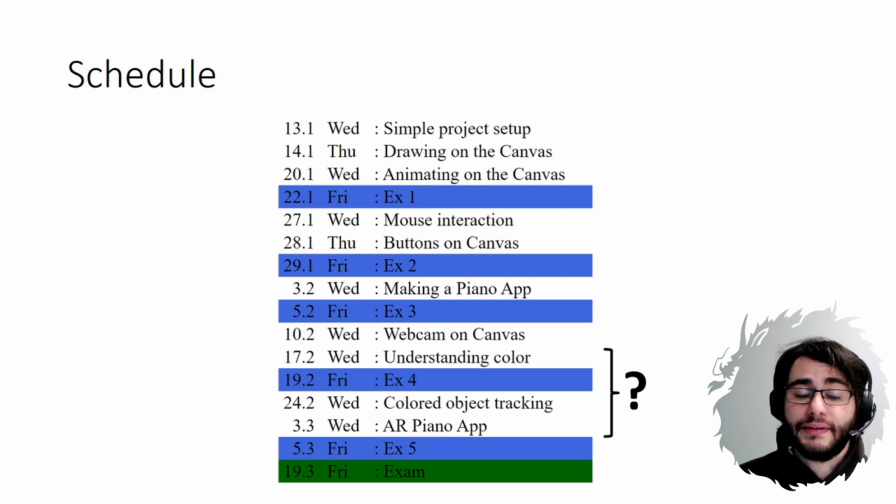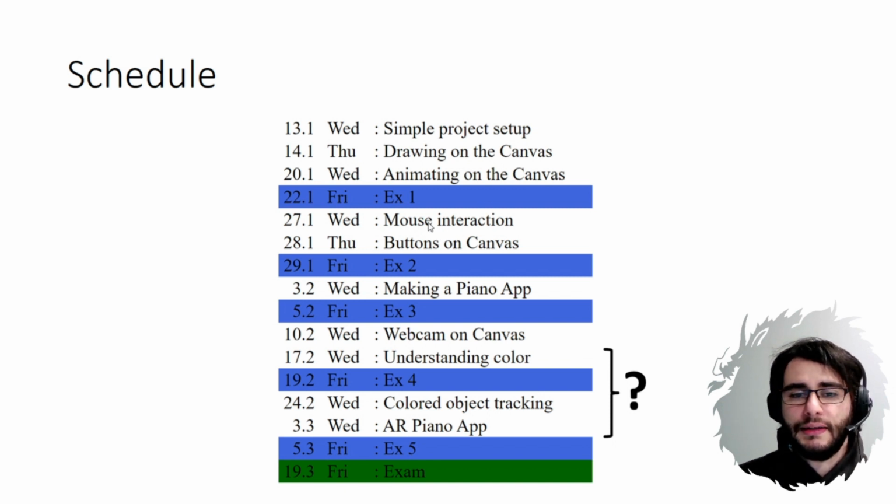Tomorrow we're going to learn to draw some things on this canvas. Next week we animate some things on this canvas. It's very important to be able to do these things for the ultimate goal, because you want to be able to draw the piano, and you want to be able to animate the keys as you're pressing them. We will probably build some other projects, but the techniques and tools will be useful in the later part of this course as well.